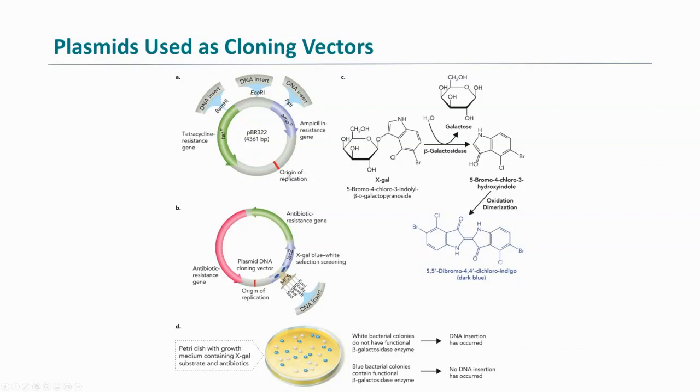It also needs an origin of replication, so the plasmid DNA can replicate before cell division. And the plasmid needs a multiple cloning site, MCS. That's the place where you can clone the foreign DNA into the vector.